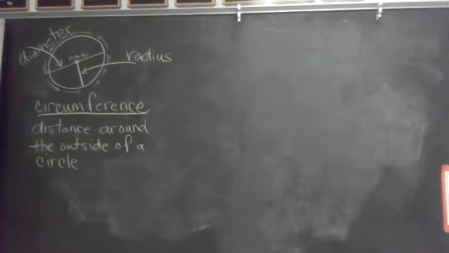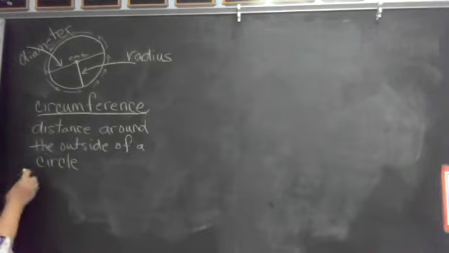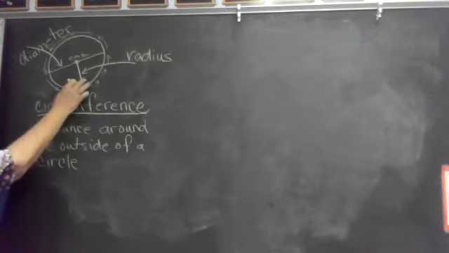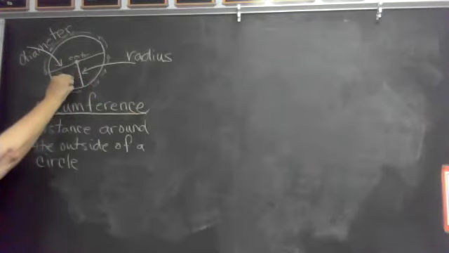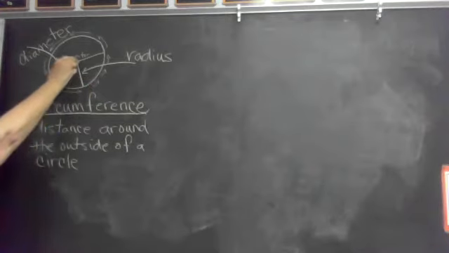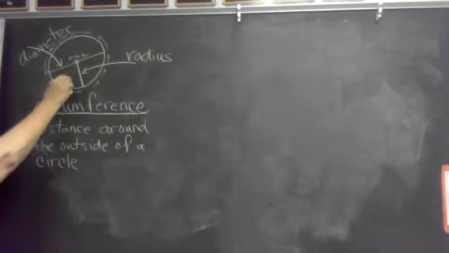All right. Diameter. D-I-A-M-E-T-E-R. Diameter. Okay, now I want to point out here, can you see that I could also have another radius coming from the center to the outside?